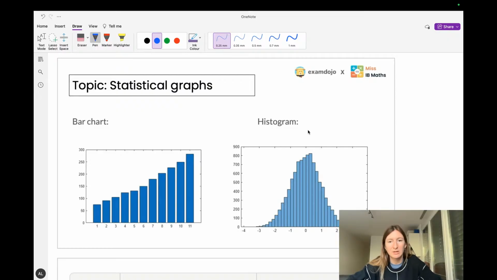That's because this is continuous data, so there's no values that it doesn't take. If there's gaps in between, then we're assuming that they're not overlapping. But here the intervals are right next to each other with no gaps. And a bar chart would be more for discrete data or qualitative.